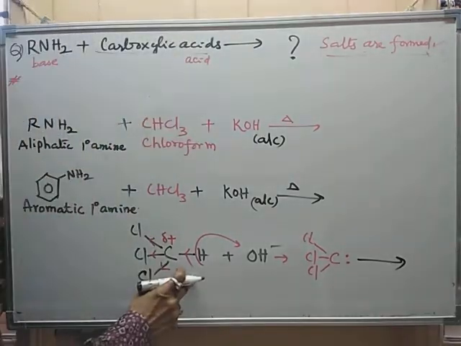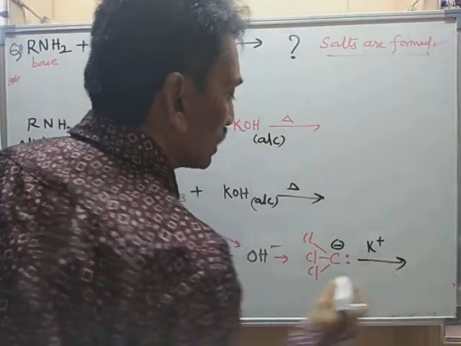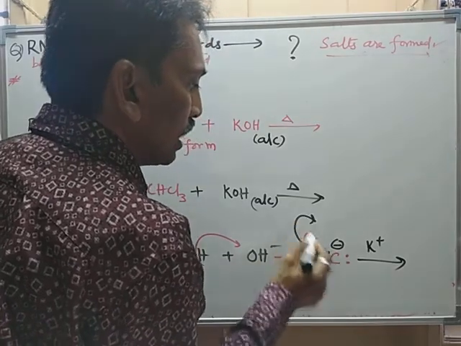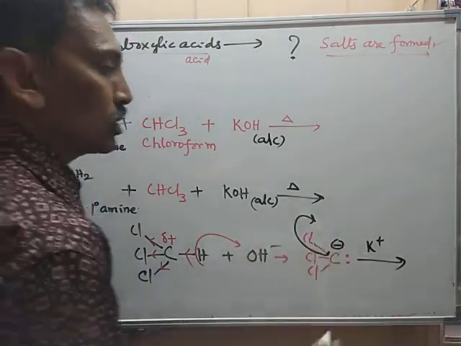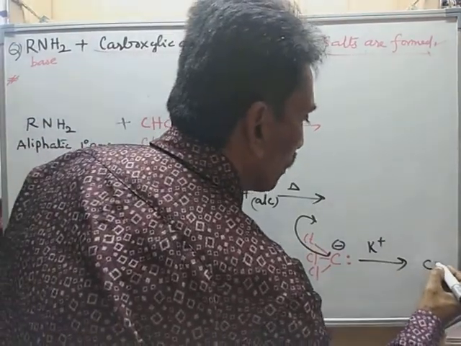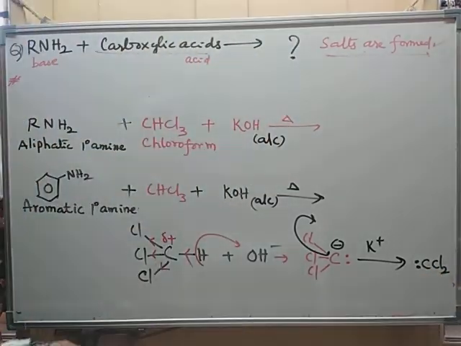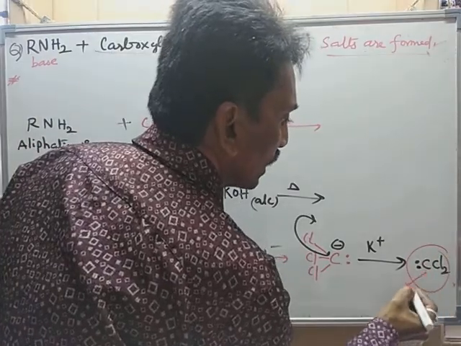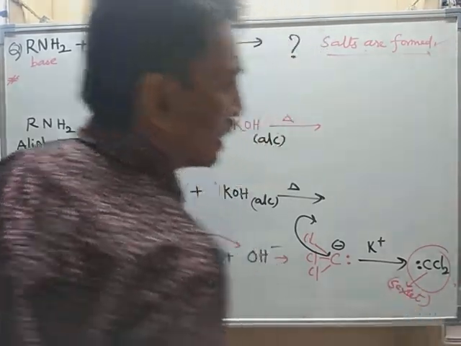What is the charge at this stage? Negative charge at this stage, but with the K plus ions, the negative charge is compensated with this positive charge, and you get an important compound, CCl2 with 2 chlorines. How many electrons in this one? In this reactive intermediate, it has 6 electrons.